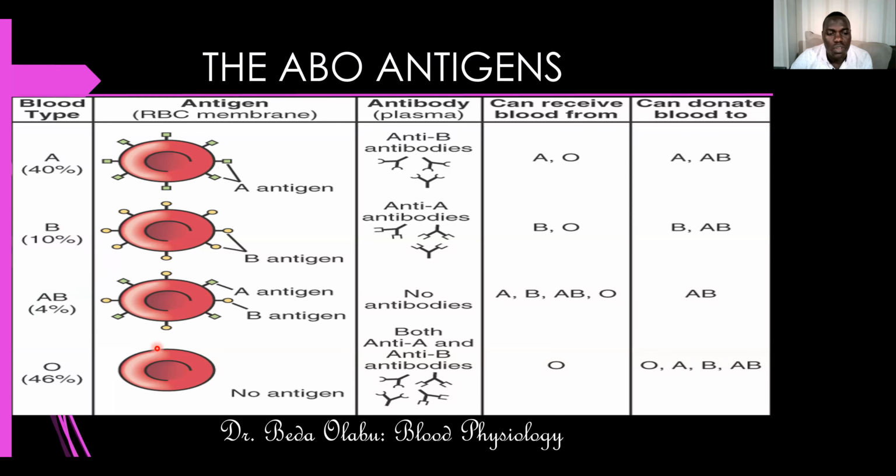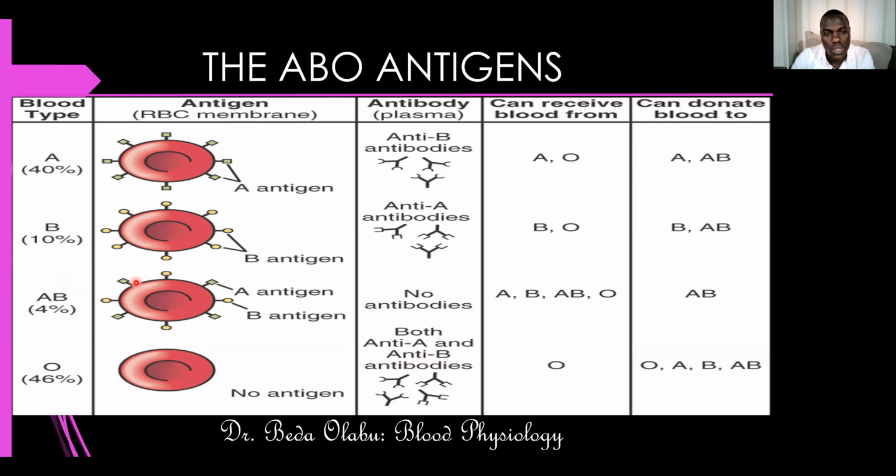And another individual might not have any of the antigens. Then you call that blood group O. That O actually refers to 0, which means there's none. So in terms of the blood groups, we have those 4 blood groups based on the ABO antigens.